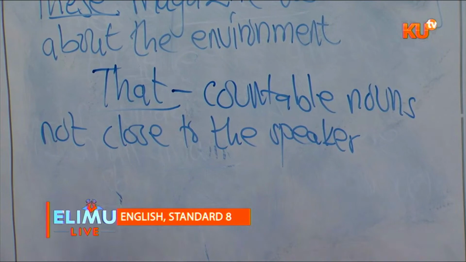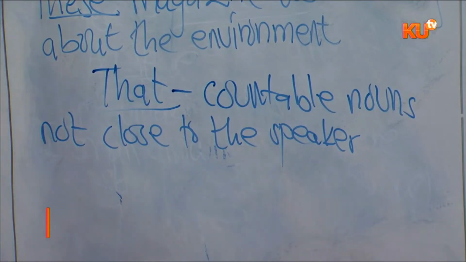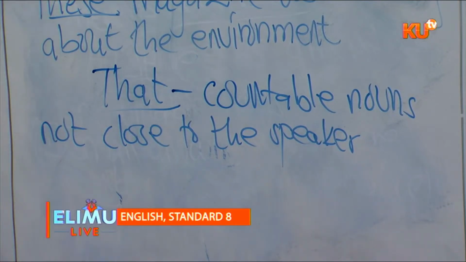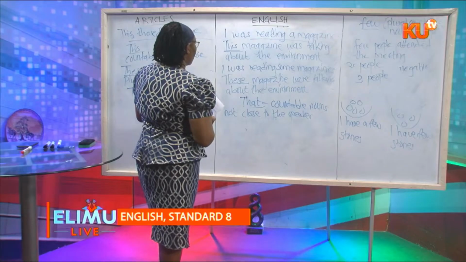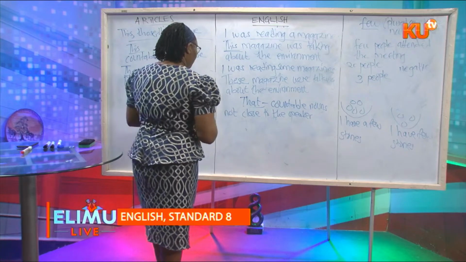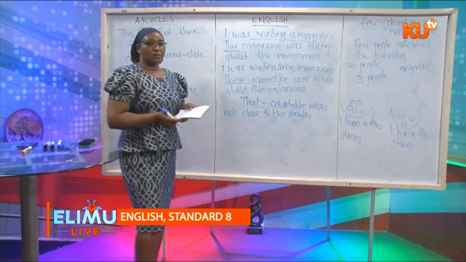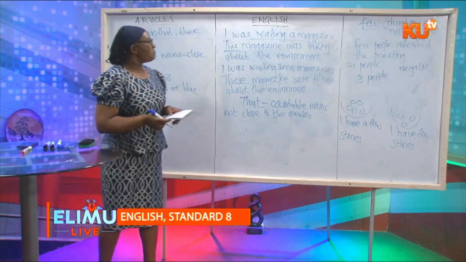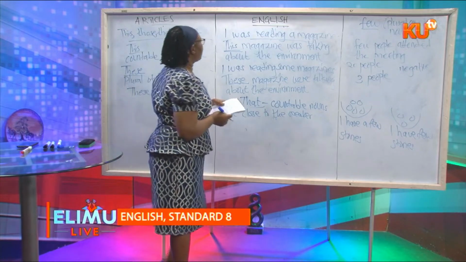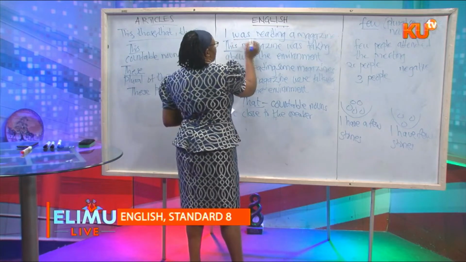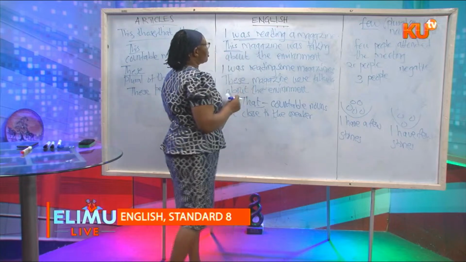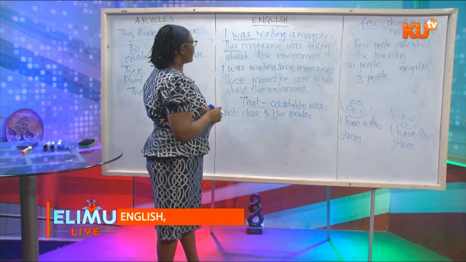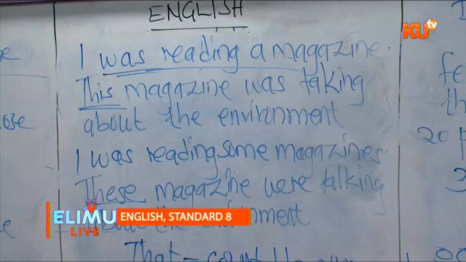So if I may take an example of the first sentence that we have here, I was reading a magazine. This magazine was talking about the environment. We can also say that magazine is not with me now because I've said I was reading a magazine. The word was shows that you read in the past. It can be a few minutes ago, but the fact remains you're not reading it at this particular time.